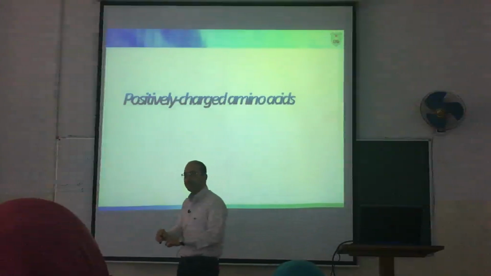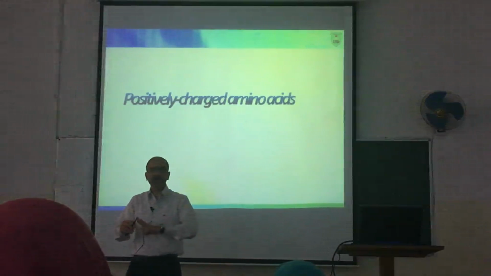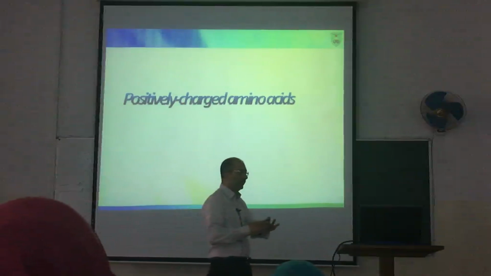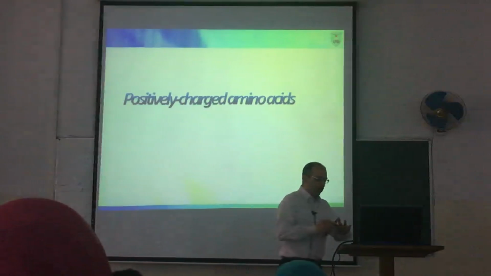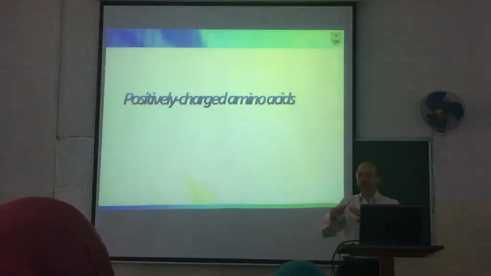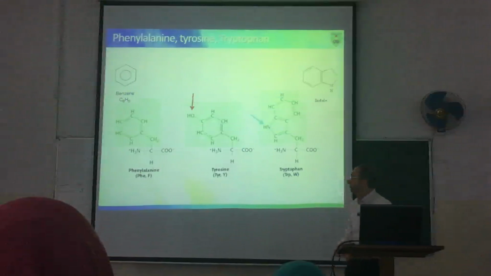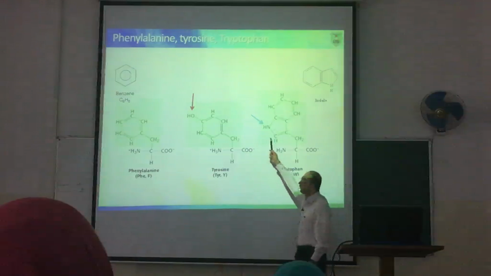Phenylalanine has a benzene ring. Tyrosine has the benzene ring with the OH, which makes the molecule reactive and slightly hydrophilic. Then tryptophan's special feature is that it has nitrogen as part of the ring structure.